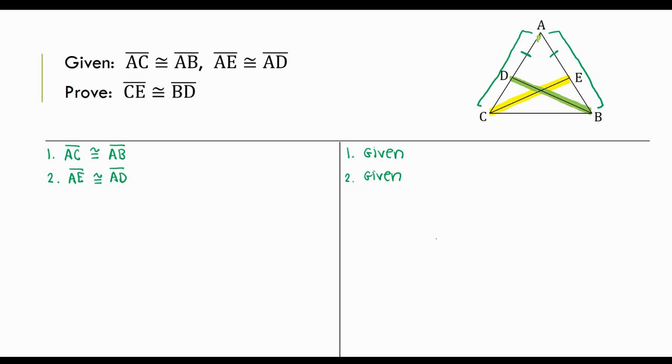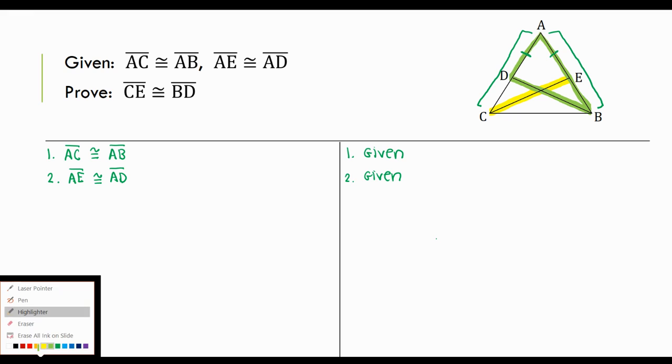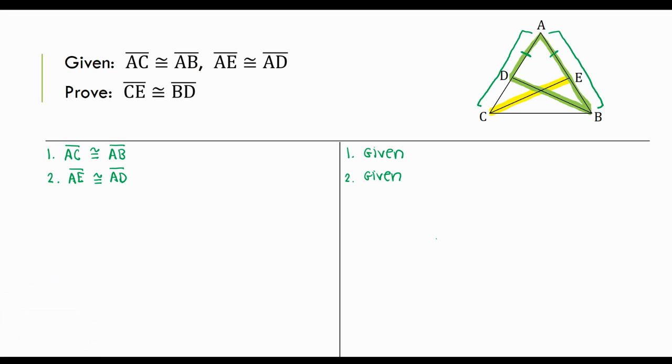Notice that I already have AD and AB marked up in my picture. So notice that that goes nicely with the segment BD that I'm trying to prove with that triangle up there at the top. And then same idea, if I want to try to prove CE, notice that I'm already given AC and AE. All right, so those are the 2 triangles that we're going to want to focus on.